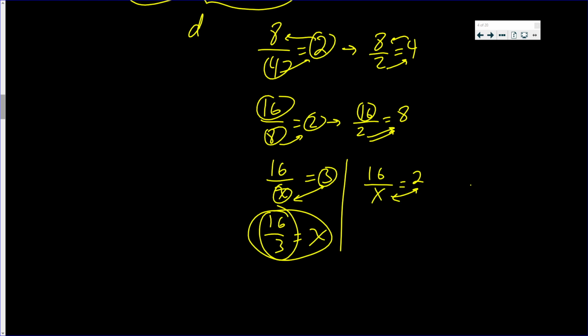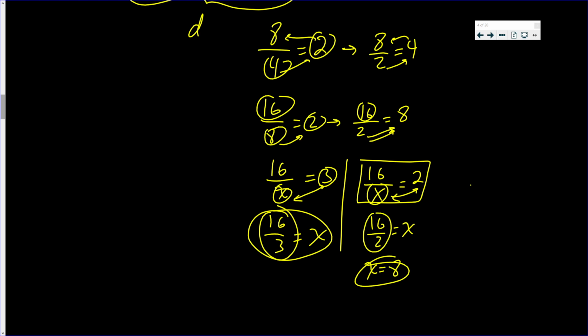And you should know 16 divided by 8 is 2. But if you didn't, you get 16 over 2 is 8. And then you should reduce that. So either way you get 8, either from knowing 16 over 8 is 2, or just knowing you can switch these two. The x is 16 over 2, you should reduce it.